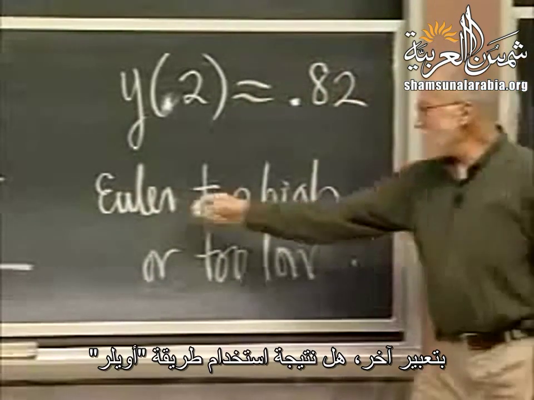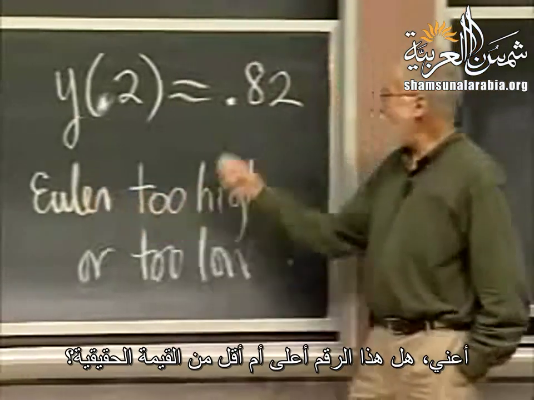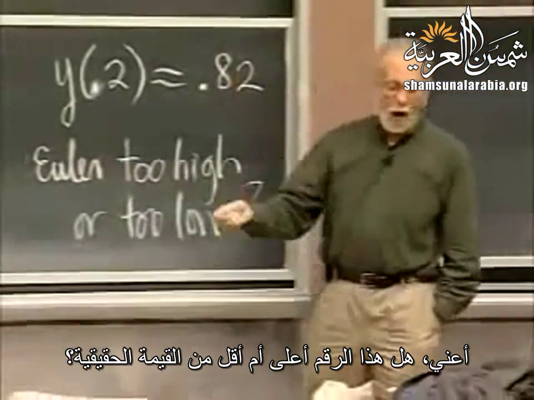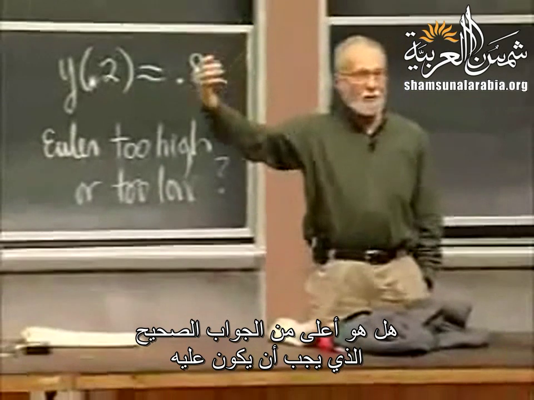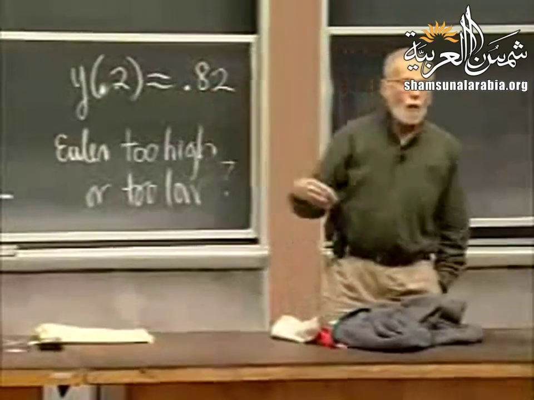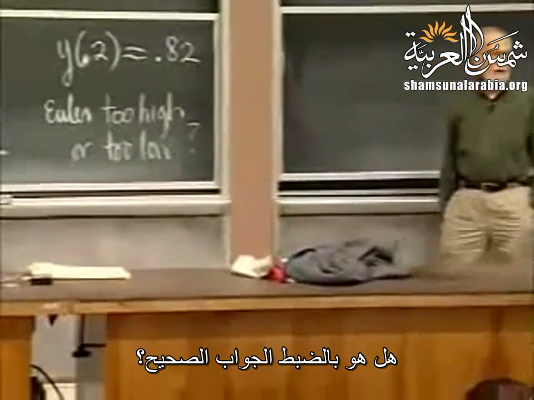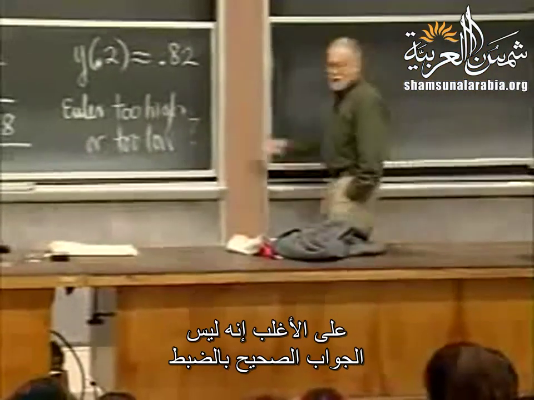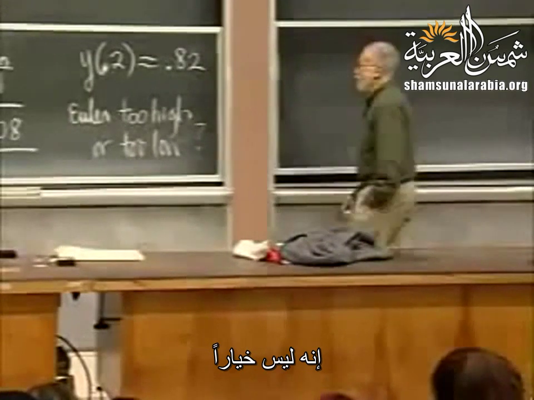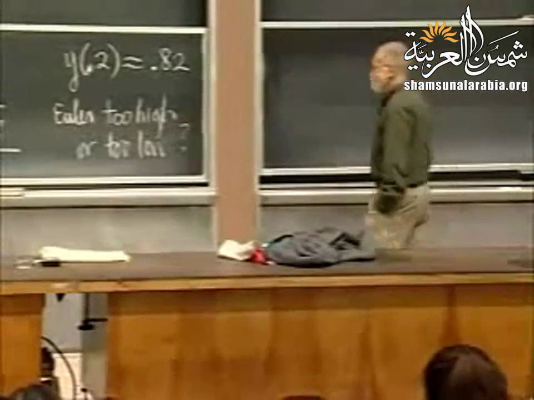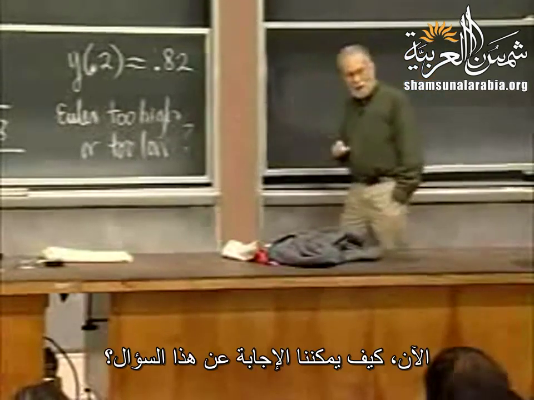In other words, is the result of using Euler's method, i.e., is this number too high or too low? Is it higher than the right answer, what it should be? Or is it lower than the right answer? Or, God forbid, is it exactly right? It's almost never exactly right. That's not an option.